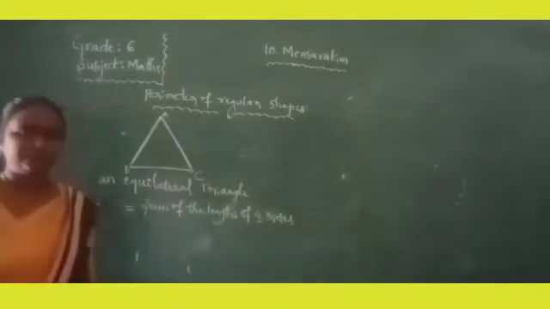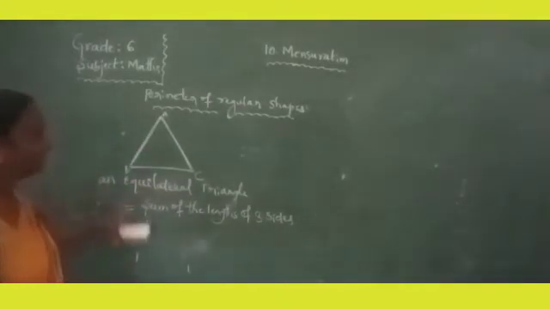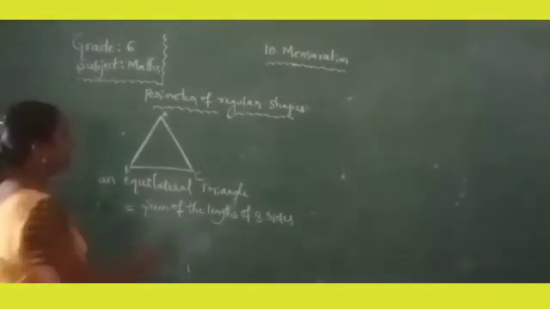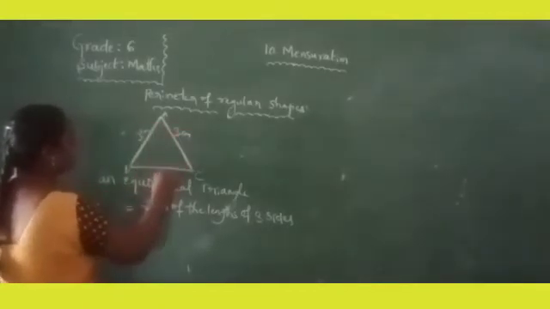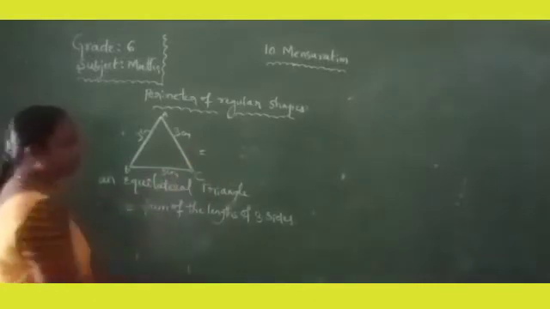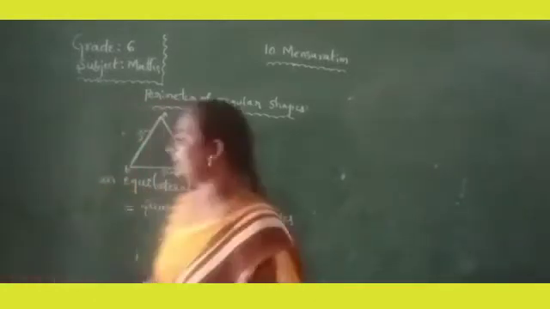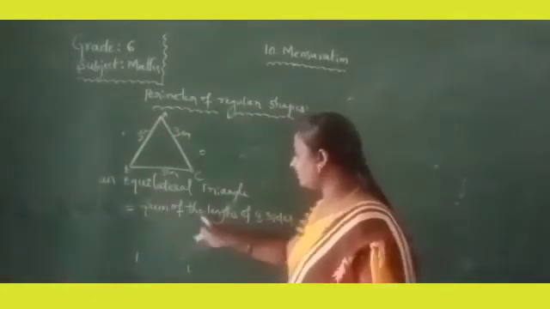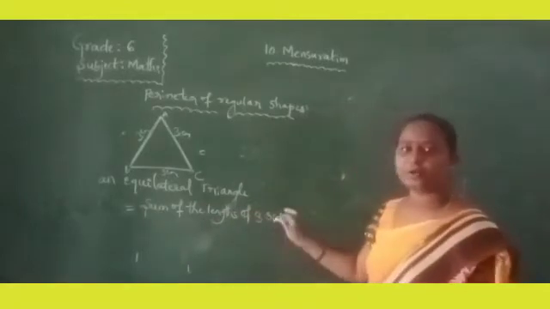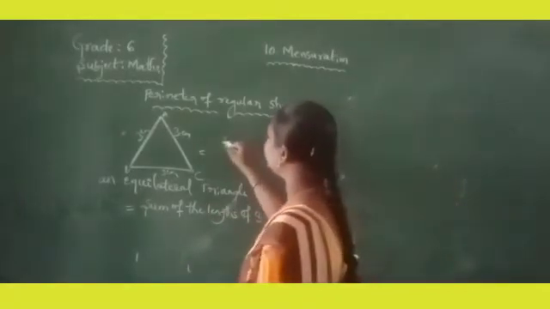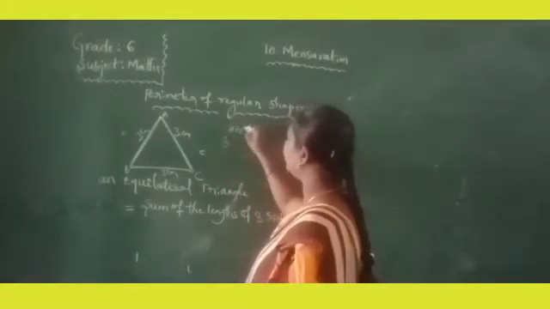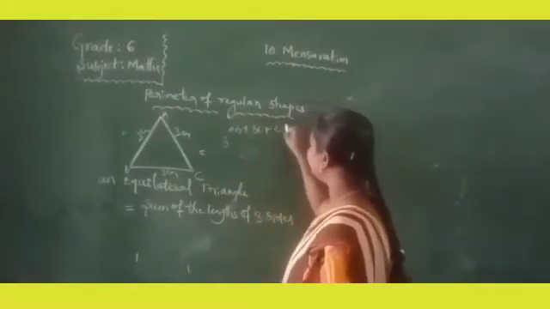Suppose you want to find the perimeter of an equilateral triangle with sides 3 centimeters, 3 centimeters, 3 centimeters. What is the perimeter? The sum of the lengths of all sides: AB length plus BC length plus CA length.